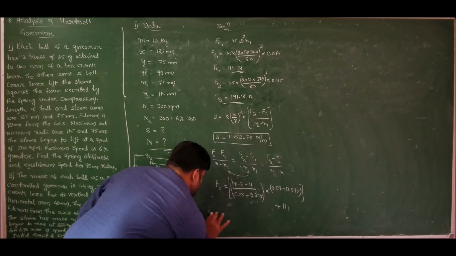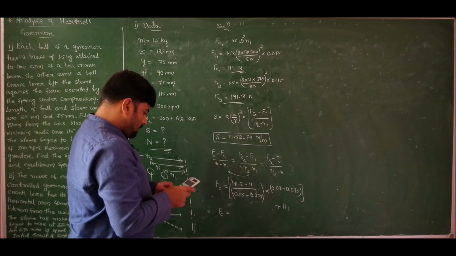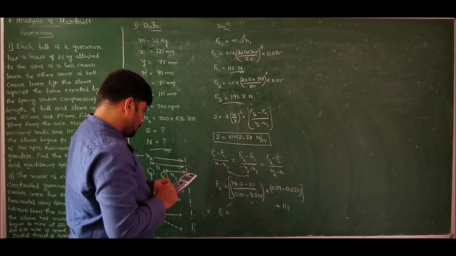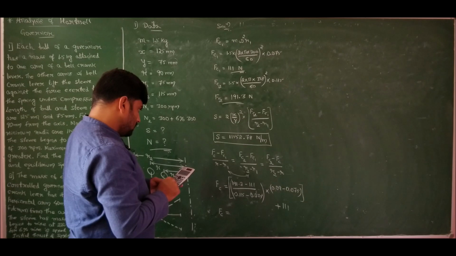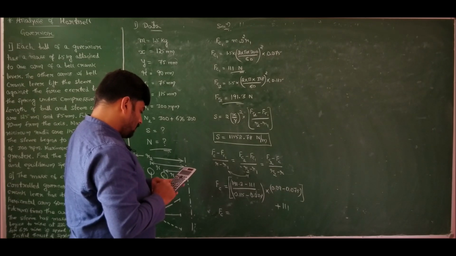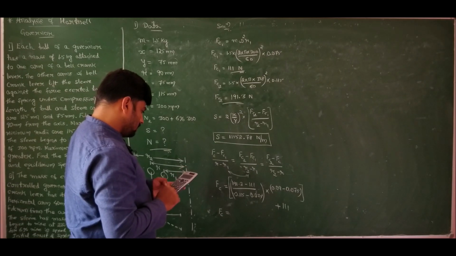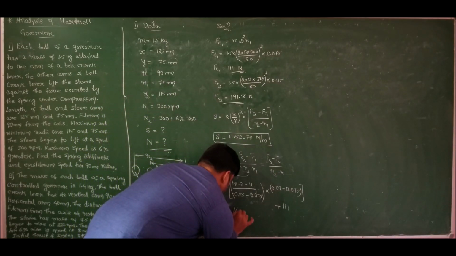So I will get the value of Fc as (191.3 minus 111) divided by (0.115 minus 0.075) into (0.09 minus 0.075) plus 111. So the value of Fc is turning out to be 141 newtons.